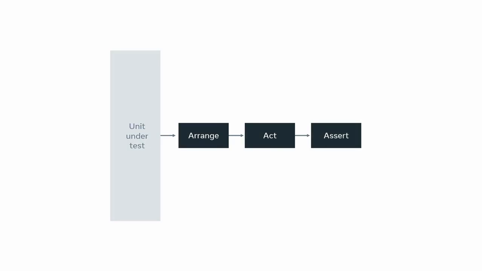The first step, arrange, suggests that you should arrange data and initialize the objects required to be fed as input into the functionality under test. The second step, act, performs an action by executing the functionality under test while passing the data arranged in the first step. The last and final step, assert, verifies and asserts that the data received as output by executing the functionality under test in the second step matches the expected output of the test.